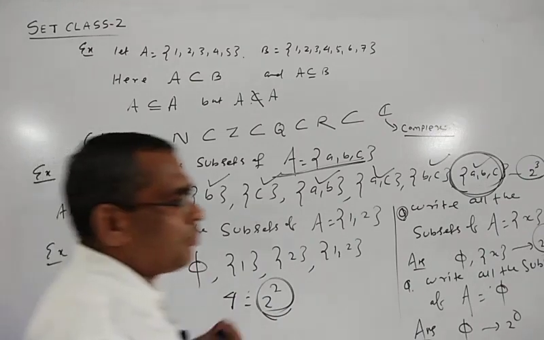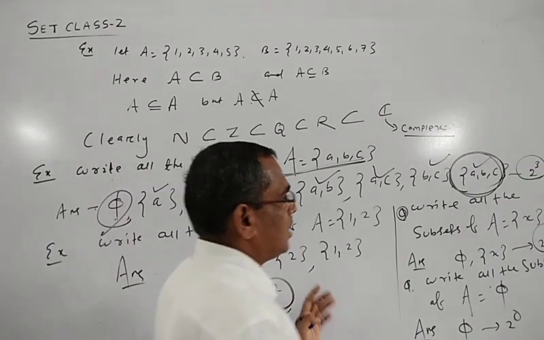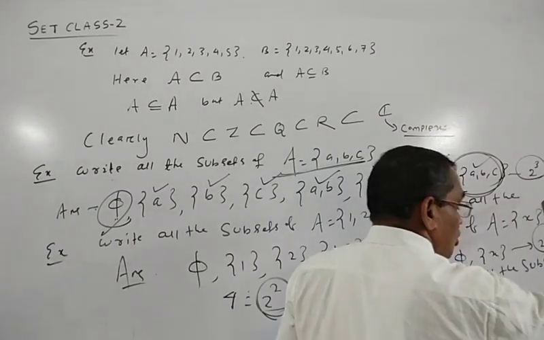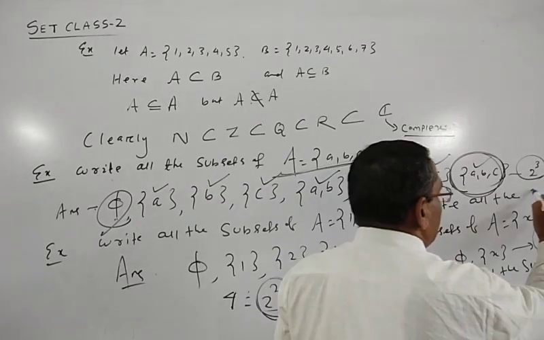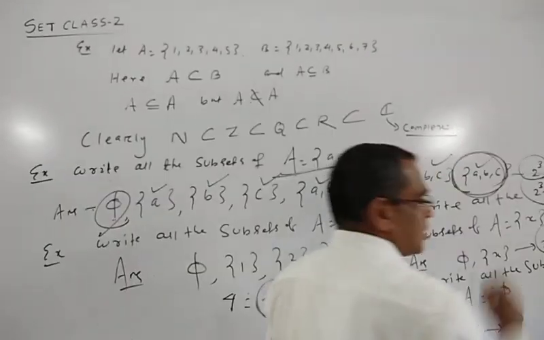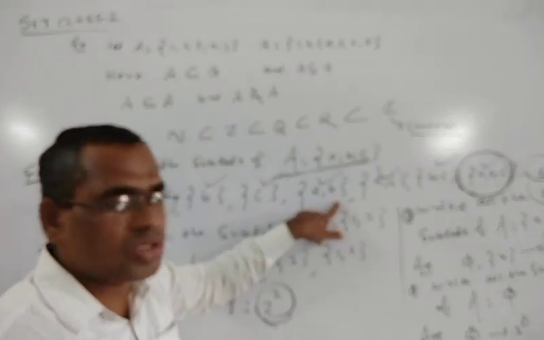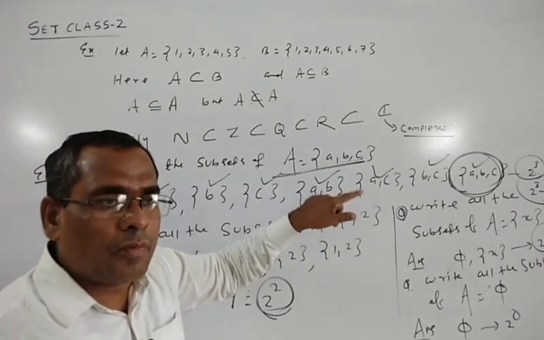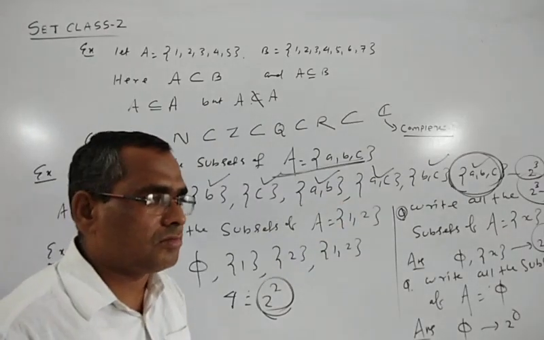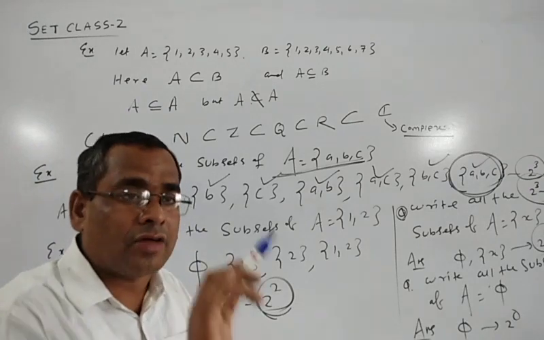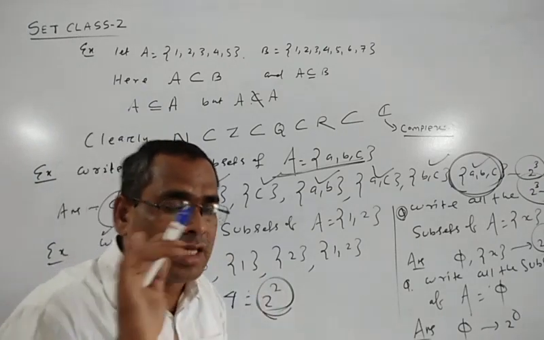So if we neglect the empty set, then the number of non-empty subsets will be 2 to the power q minus 1, that is 8 minus 1. So this is equal to 7. So the number of non-empty subsets must be 2 to the power n minus 1. We leave the empty set.